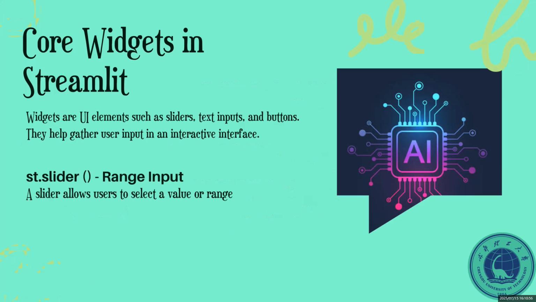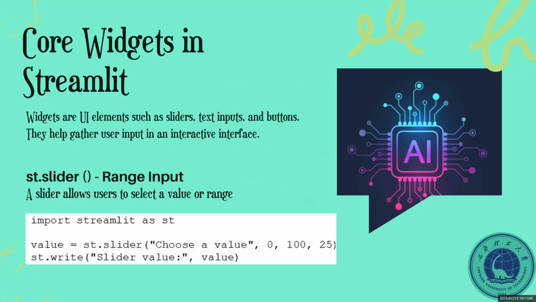Looking at the st.slider function, we consider it as a range input. So a slider allows users to select a value or range. And here is the short code I could use to explain what the st.slider function looks like. Here we are going to import streamlit as st. And here, assigning the variable value, we'll have our st.slider, choose the value.